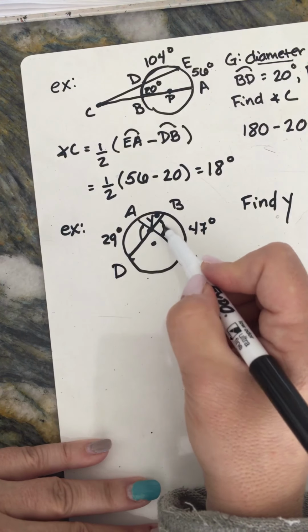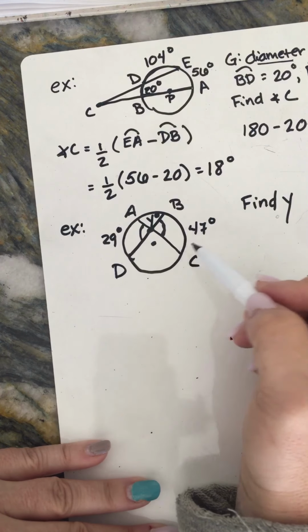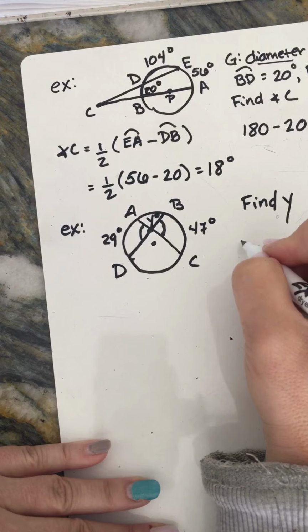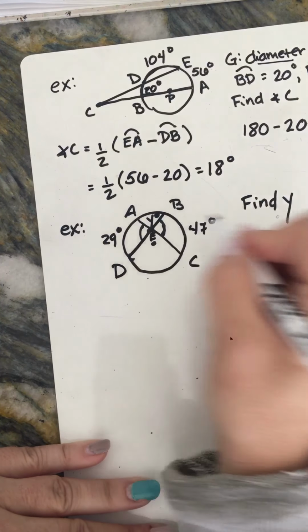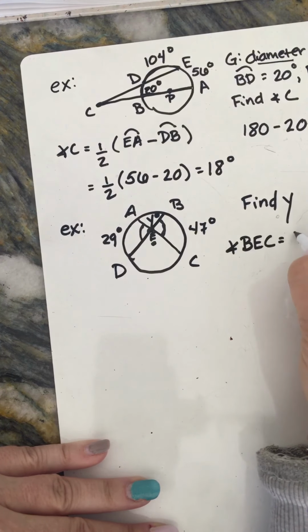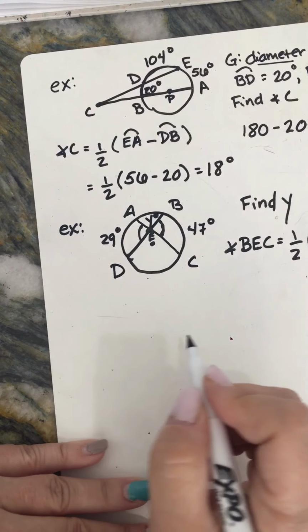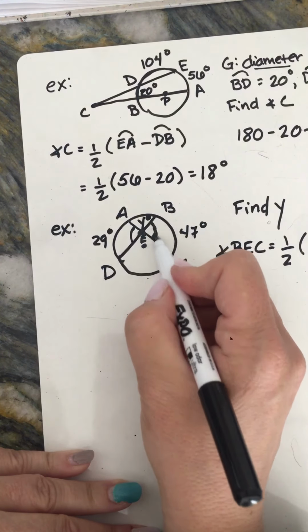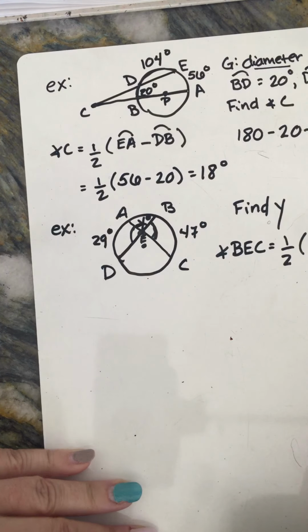We could find one of these angles. We know the intercepted arc measures. So we could say, oh, you know what, let's call this point E. So angle BEC is equal to 1/2 arc BC, pardon me, plus arc AD. We could do that, and that would give us this angle here, and then we could find the measure for Y because they're supplementary.